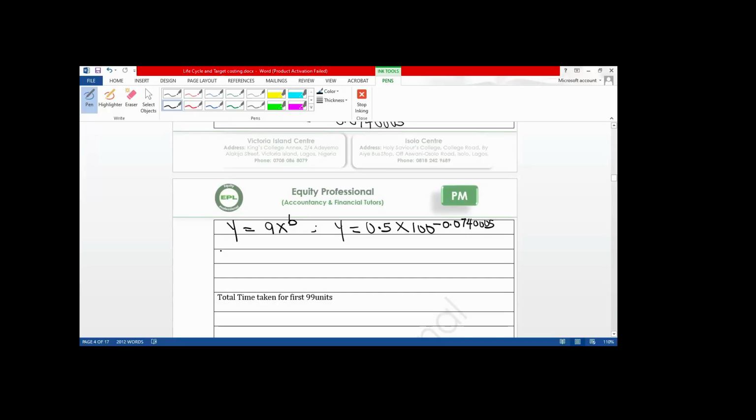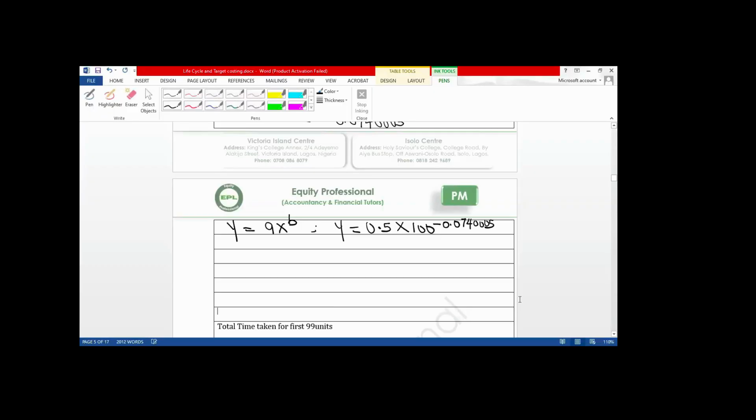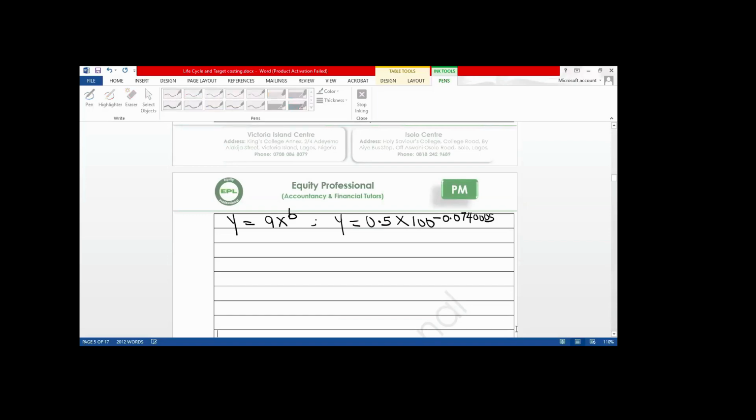Although I will still explain it to you when we get to the topic of learning curve, let me tell you the formula here.